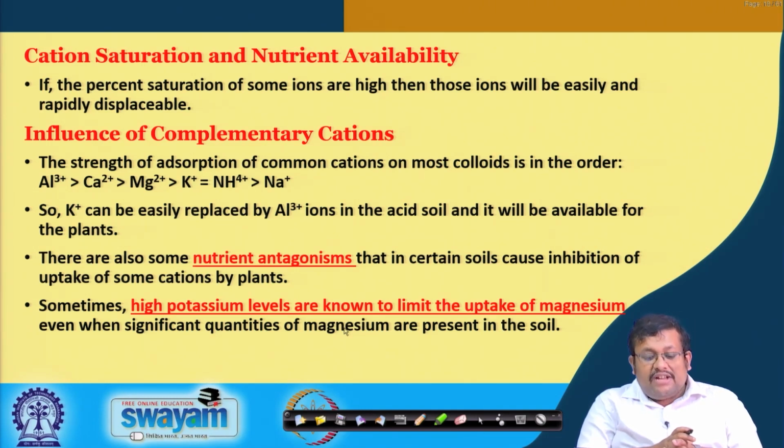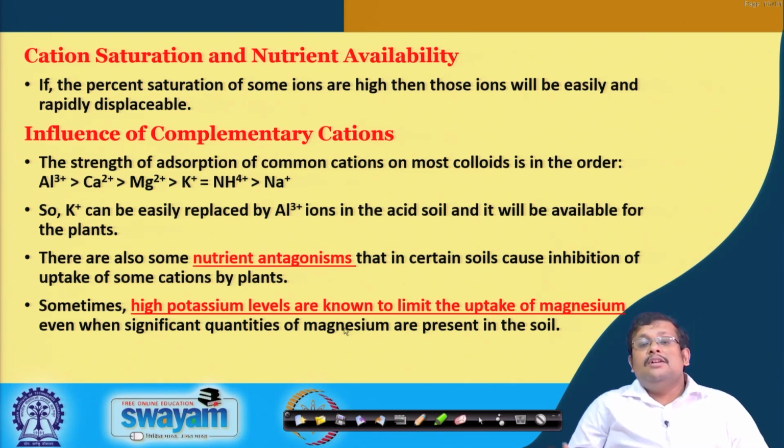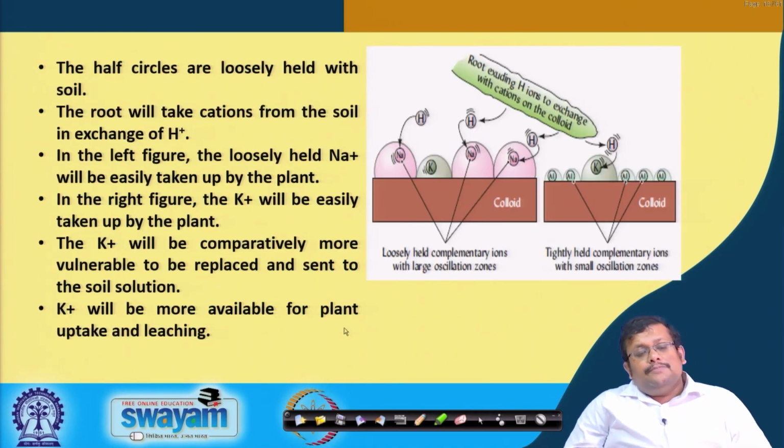Although the potassium will come into the soil solution, the magnesium will get adsorbed onto the surface tightly, and as a result there will be nutrient antagonism. So, high potassium levels in the soil solution limit the uptake of magnesium, because magnesium gets adsorbed by replacing the potassium in the exchange complex.